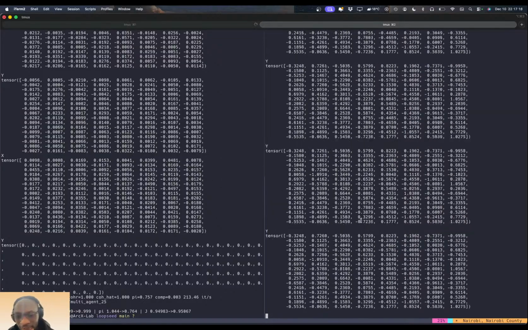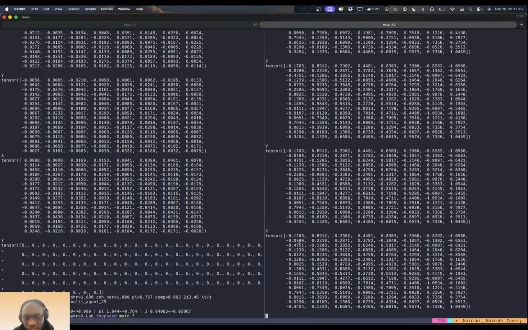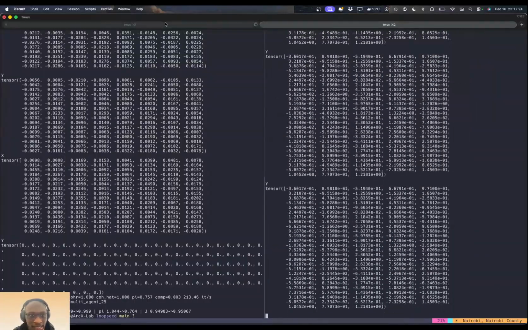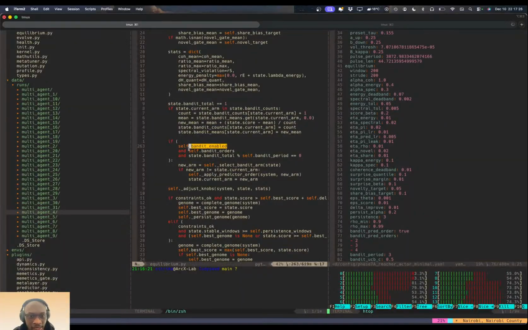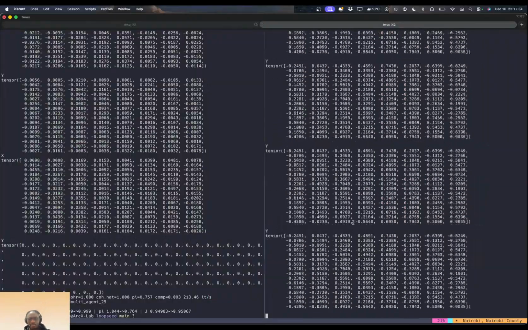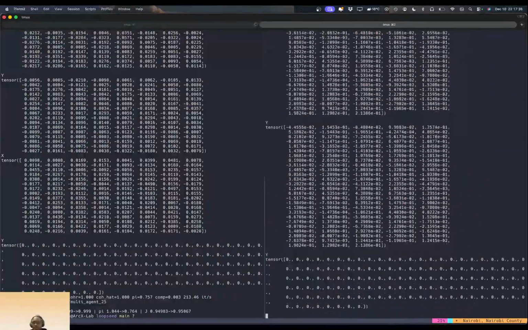I don't know. Let's find out. If this fails, then we know bandit apply is the culprit here. This function, apply predictor order, changes the system every time. So let's see what happens.